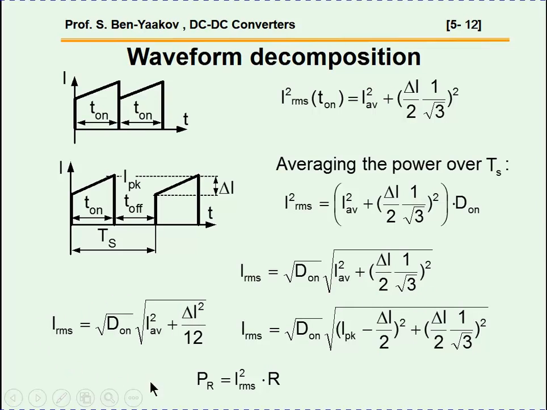So this is another way to express it. You can also express it in this way. It is very easy to remember this, but if you don't, it's very easy to get this expression figured out. And of course the power will be this RMS squared times R.